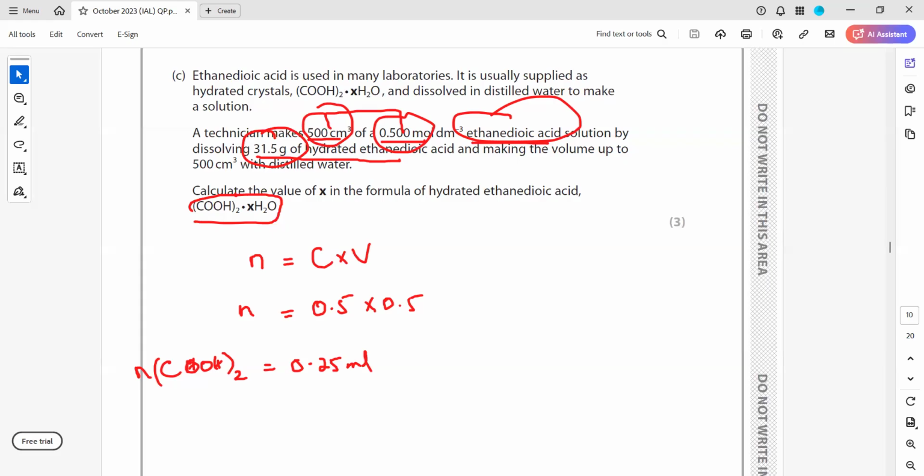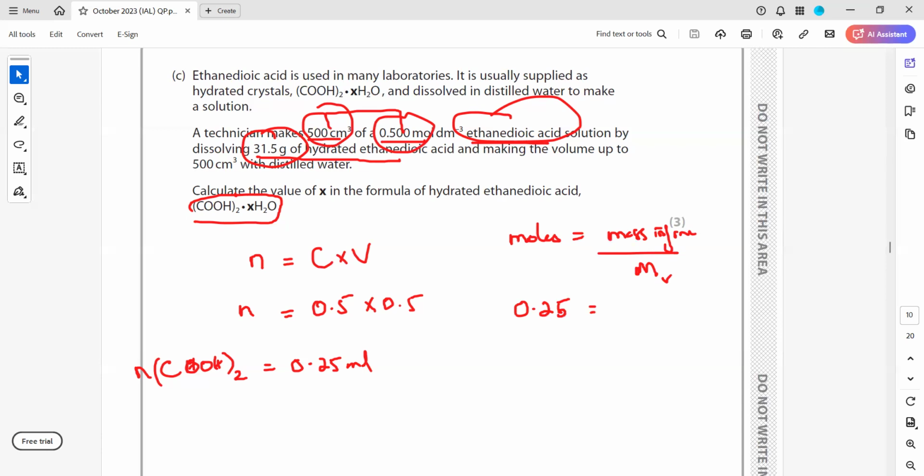So we will find the molar mass. How to find the molar mass? Look, moles equal mass in grams divided by the molar mass or the molecular mass. So you have the moles, which is 0.25.